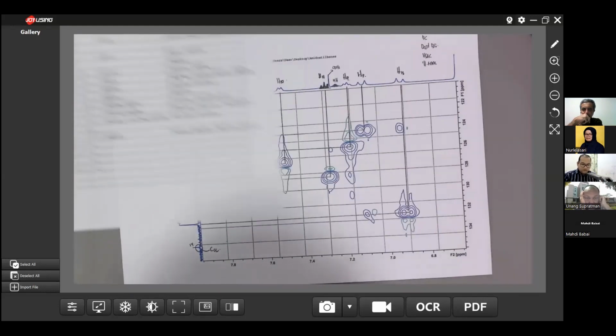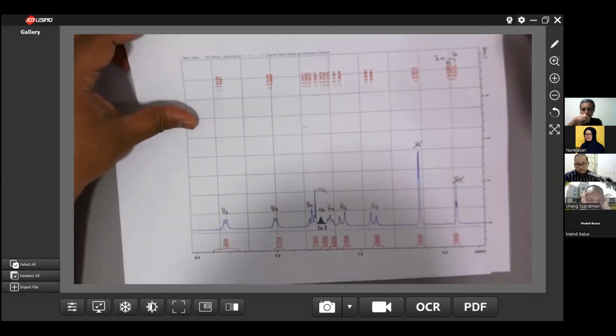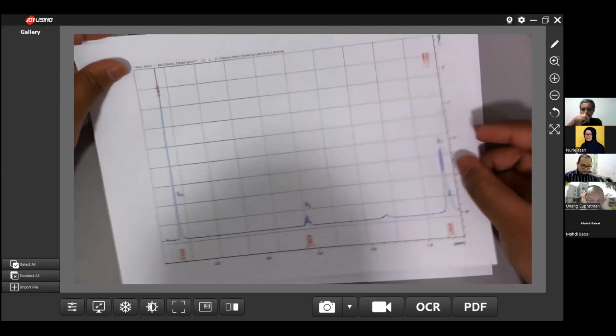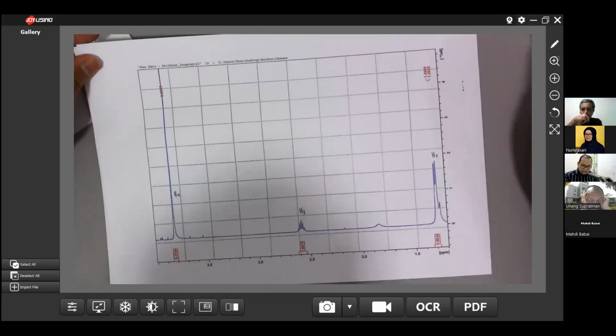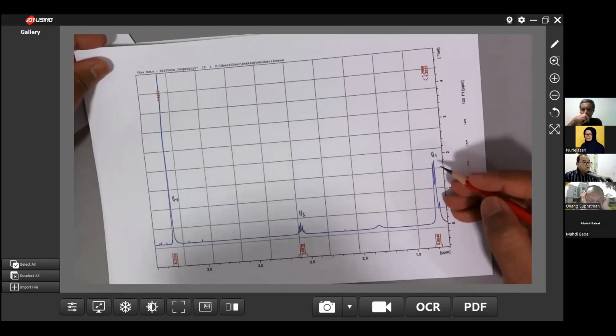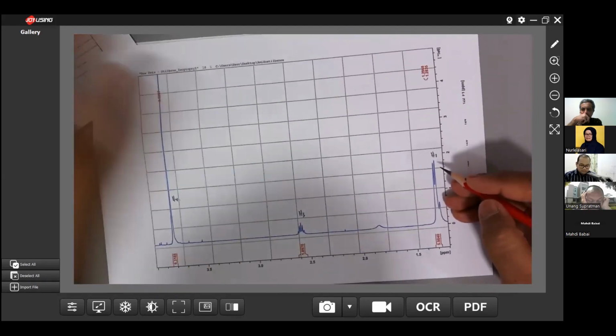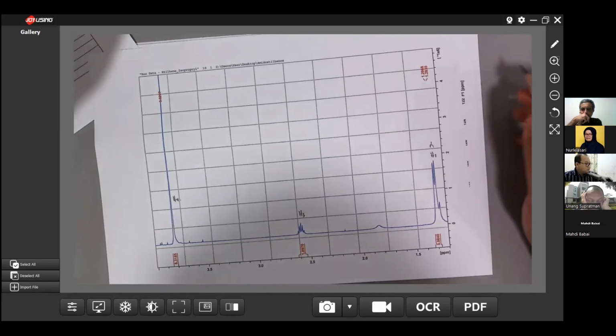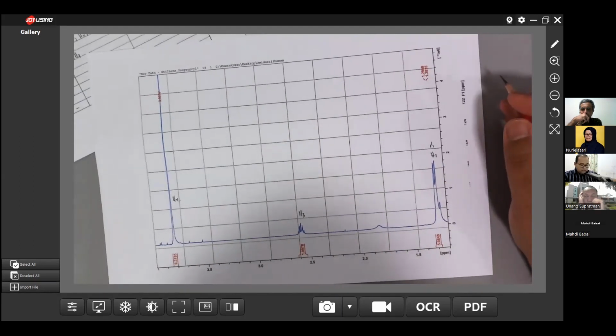During the proton analysis, you can do some calculation for the J couplings, for example. This one is a doublet. Take a calculator. Where is the calculator now? Everything is missing now.